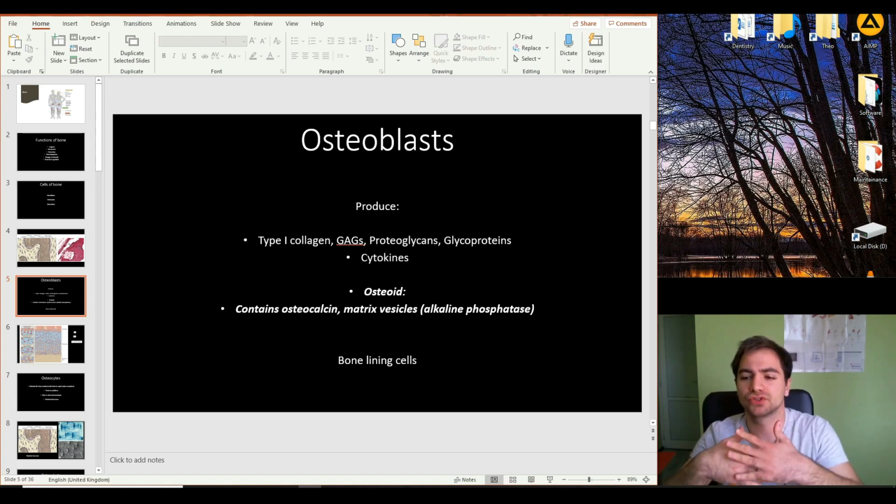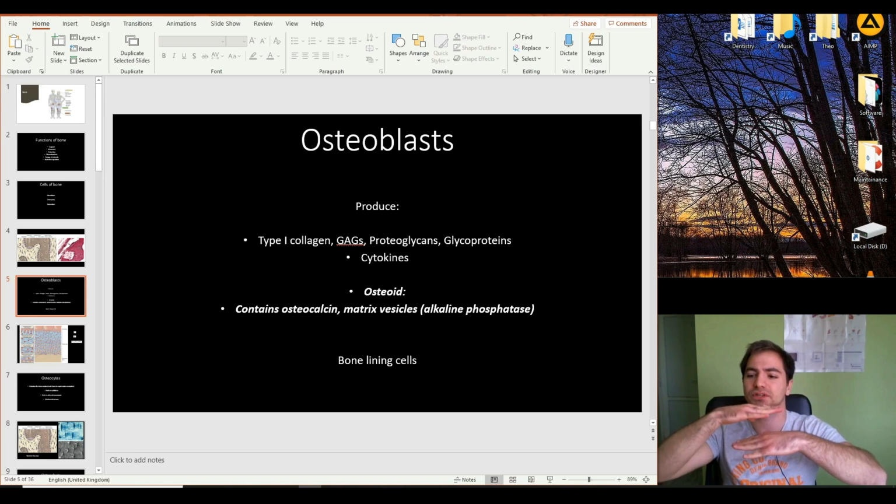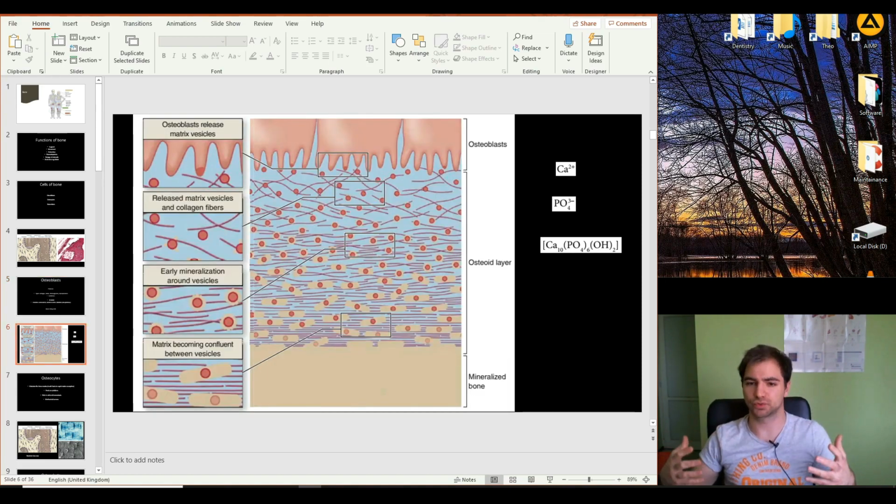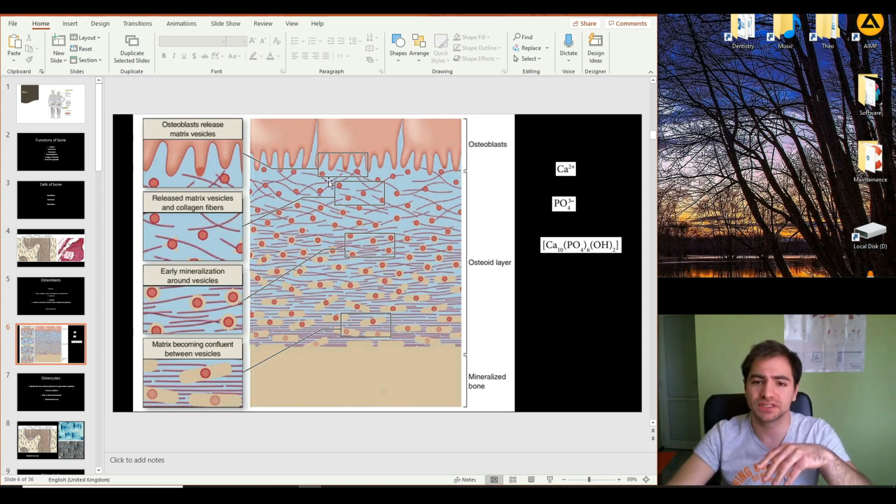So first of all, we have the alignment of the collagen. Let me show you this picture that actually helps a lot to understand how this works. We have the osteoblasts that produce these main substances: type 1 collagen and the 2 enzymes that we're going to talk about right now. These lines represent the collagen fibers.